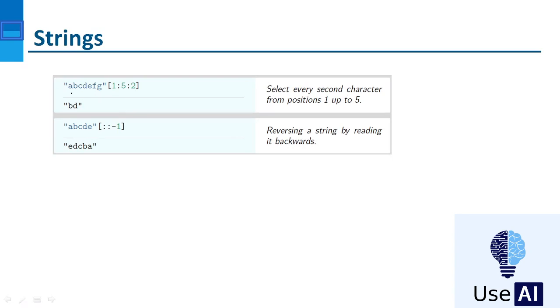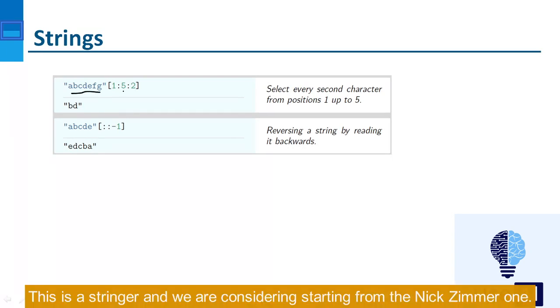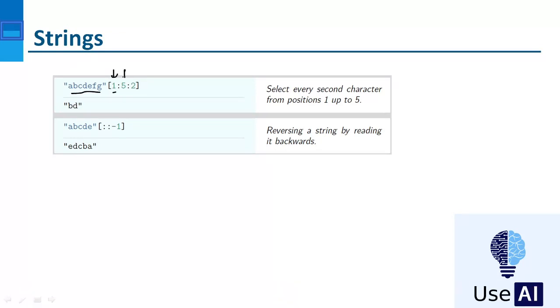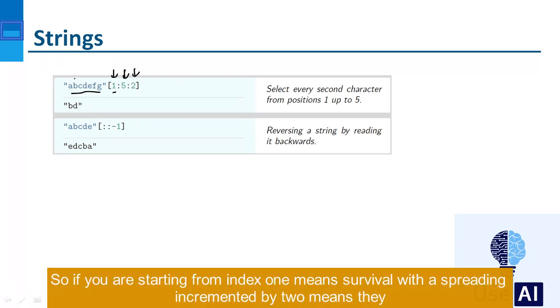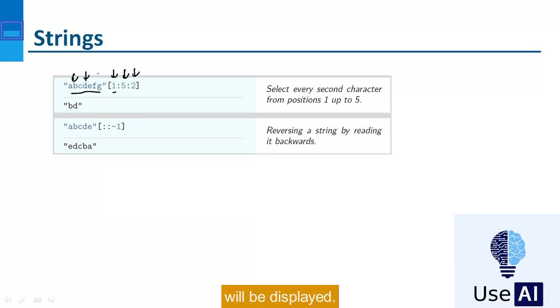Next one, this is a string, and we are considering starting from index number 1 up to less than index number 5 and incremented by 2. So if you are starting from index 1, B will be displayed, incremented by 2 means D will be displayed, and less than 5, yes.